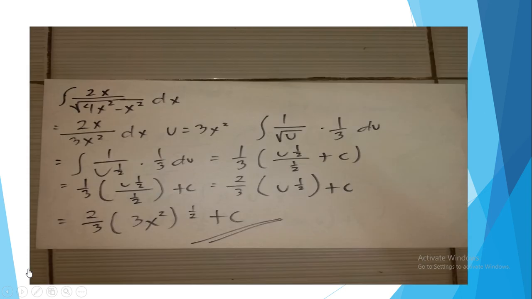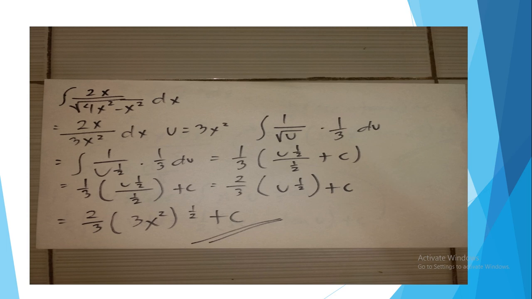Or, the integral of 2x over the square root of 4x squared minus x squared dx is equal to 2x over the square root of 3x squared dx. Let u be our u, and our u is equal to 3x squared. So 3x squared comes from 4x squared minus x squared.